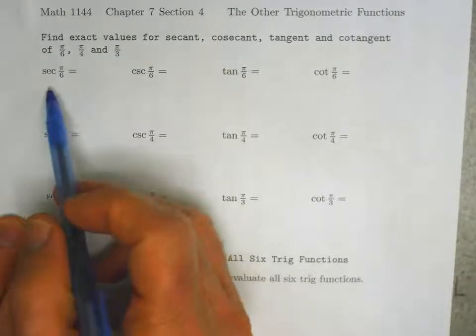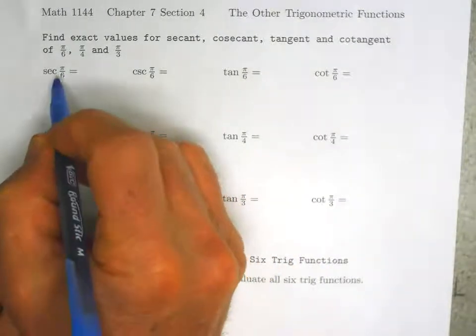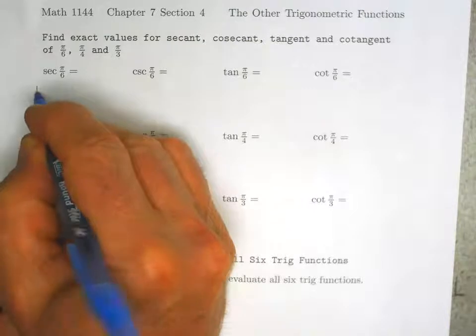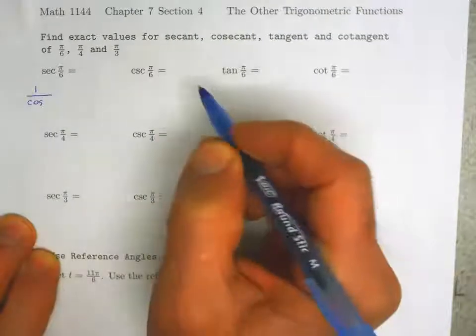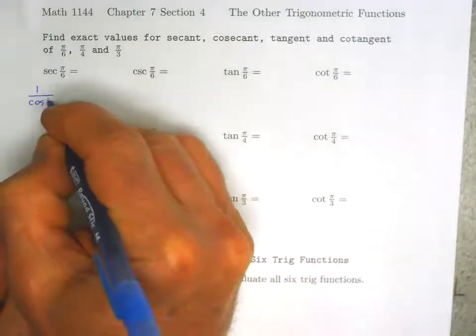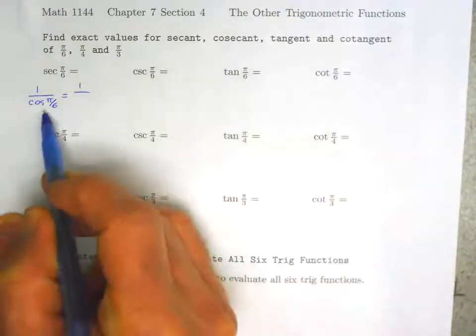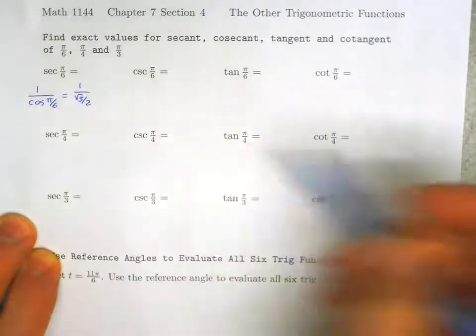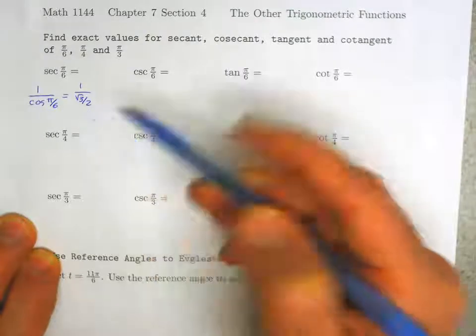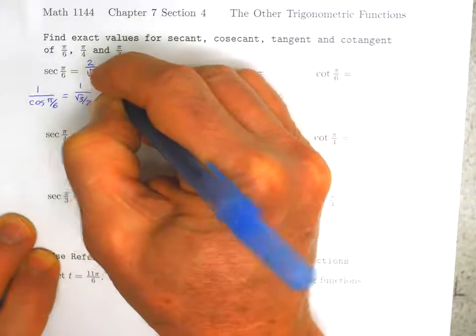So secant of pi over 6, remember that secant is the reciprocal of cosine. So secant of pi over 6 is 1 over cosine of pi over 6. And cosine of pi over 6 is the square root of 3 over 2. So the reciprocal of that is 2 over square root of 3.